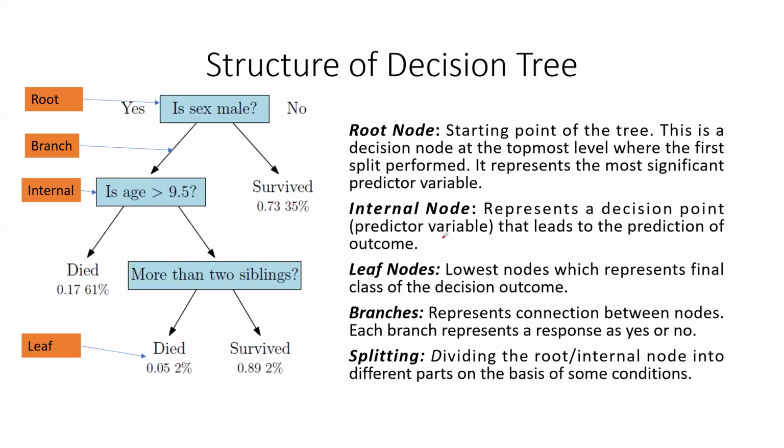In the decision tree, the first and starting point of the tree is the root node. It is the topmost level, and this is where the split is performed. It is the most significant node, because the best selected node will help us to split very effectively and efficiently. All the intermediary nodes are called internal nodes, and the final node, the final class that represents the decision, is called a leaf node.